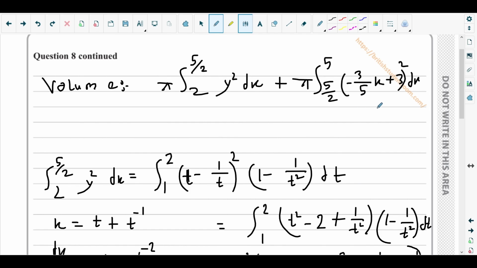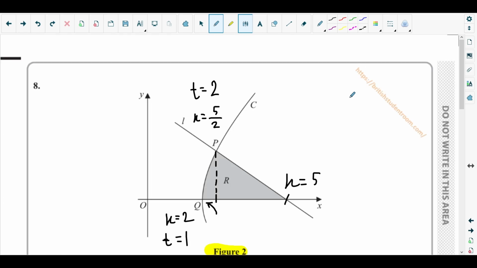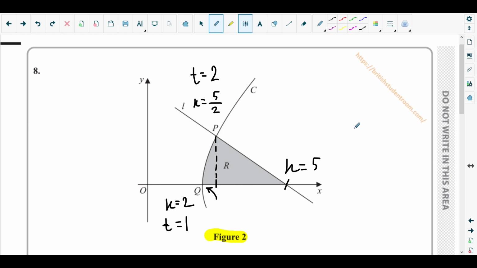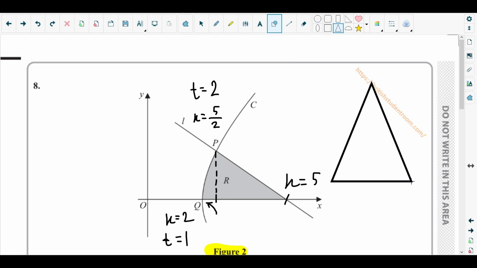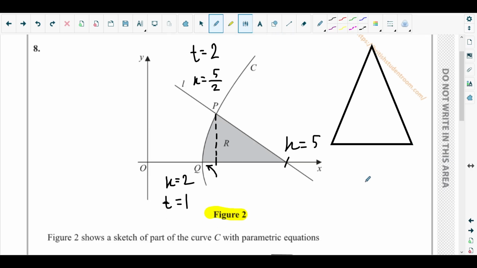Look, consider the volume under the straight line L. It is basically forming a cone, right? It's forming a cone like this with a circular base, isn't it? The base is basically circular.